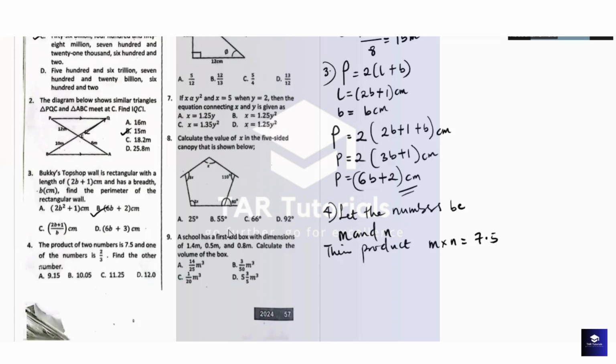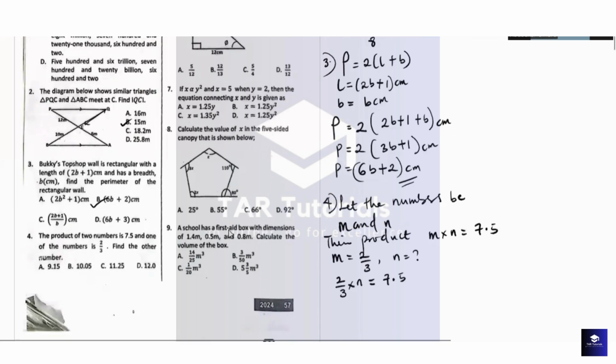If one of the numbers is 2 over 3, let M be 2 over 3, and find the other number, N. All we need to do is substitute. M is 2 over 3, so we have 2 over 3 times N equals 7.5. Since we're working with a fraction, we also change 7.5 to a fraction to make it easier to calculate.